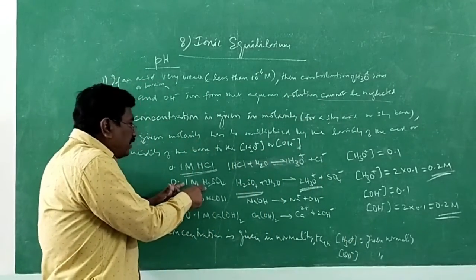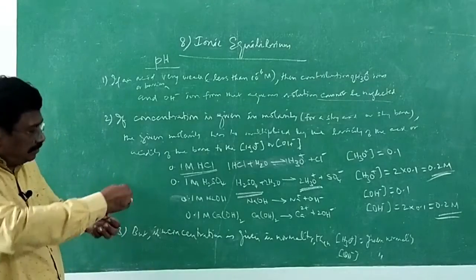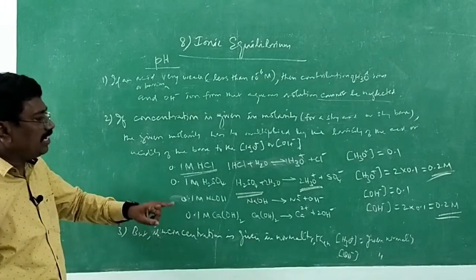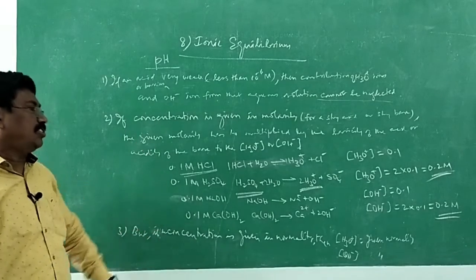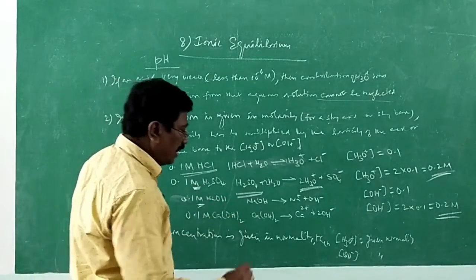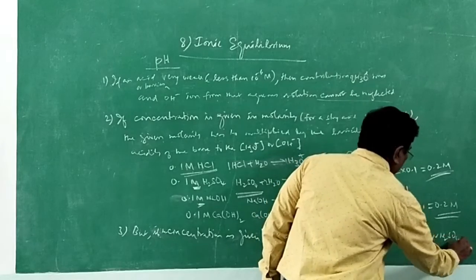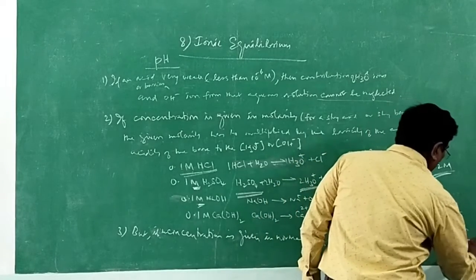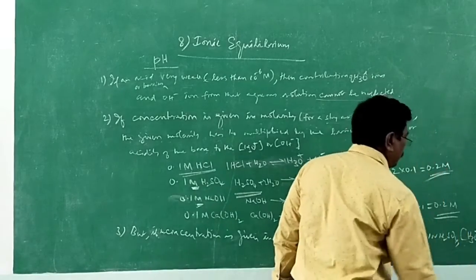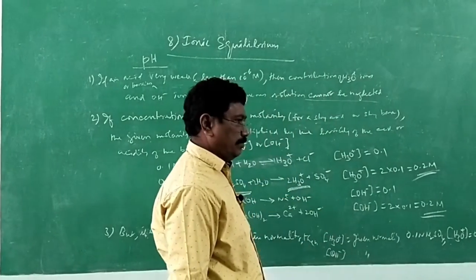For 1 normal sulfuric acid, I have already divided the molecular mass by its basicity. Therefore, if molarity M is given, take it with the factor; if normality N is given, take it as such. So 0.1 normal sulfuric acid has hydronium ion concentration equal to 0.1 only.